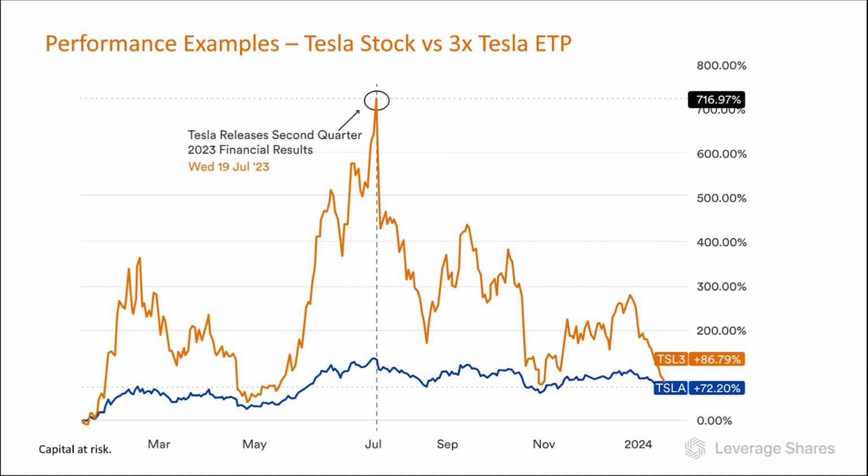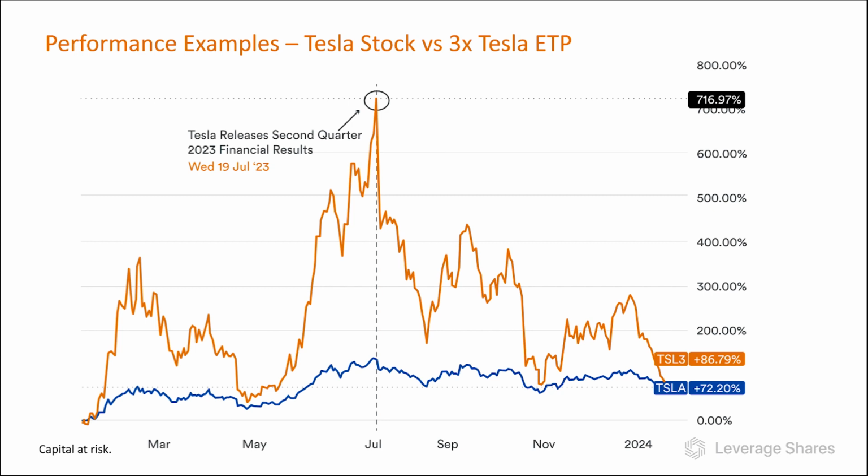One main strategy to use Leverage Shares ETPs is to trade them according to market movements short term, and most of the sharp market movements happen connected to some news. So here I have chosen the 19th of July 2023, where we had the second quarter 2023 financial results of Tesla, which were exceeding expectations.